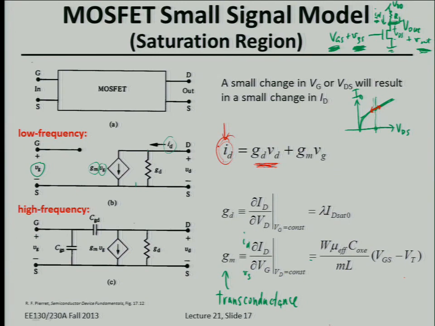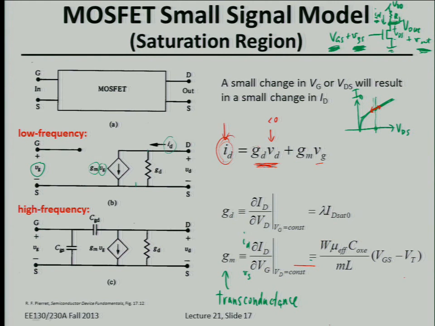Qualitatively, this is actually an inverter circuit as well. If the input gate voltage increases, the output current increases, so the voltage dropped across the resistor increases. That means the output goes down. So this is going to be negative: the change in drain voltage is negative for a positive change in the gate voltage.